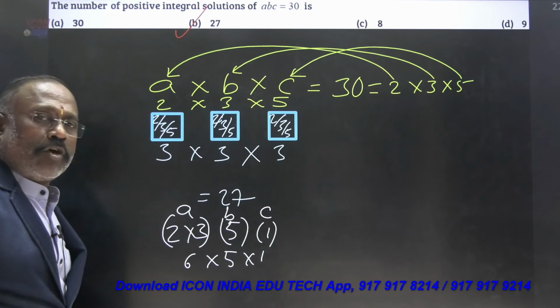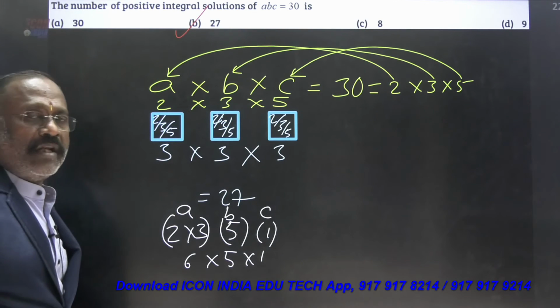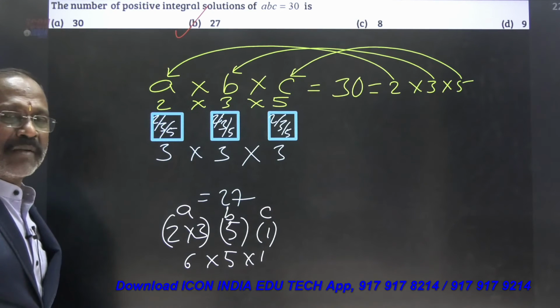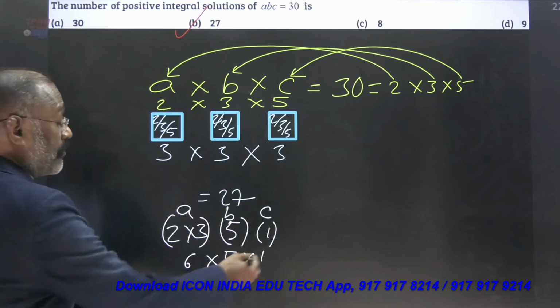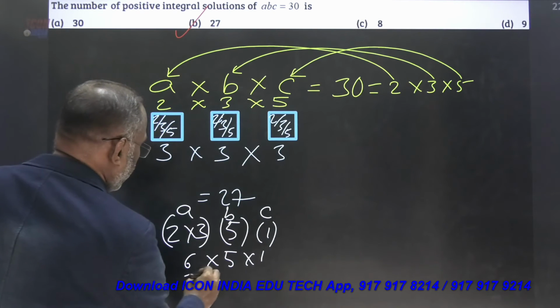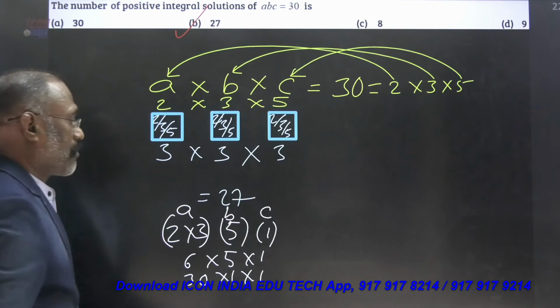So one blank place can accommodate 1 number or 2 numbers or 3 numbers or no numbers like this. No numbers means 1 because it is a multiplication. Similarly, it can also be written like this: 30 into 1 into 1.